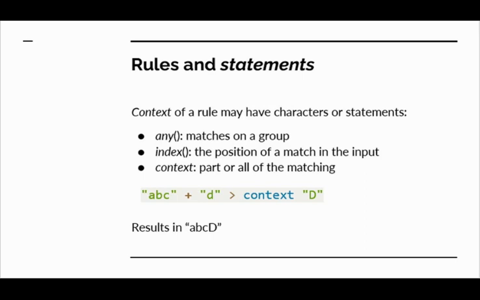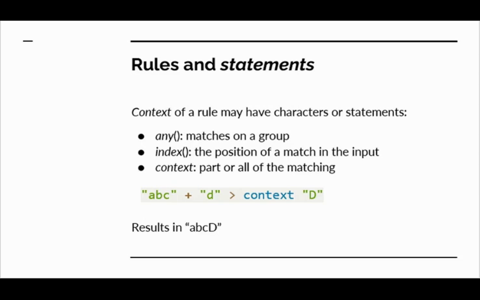The context of a rule, which is this left side before the plus sign, can have lots of other things in it. It can actually be what look like function calls or look like descriptions of characters in a more general way. So we can imagine that the word context can actually be used to represent the left-hand side here before the plus sign.